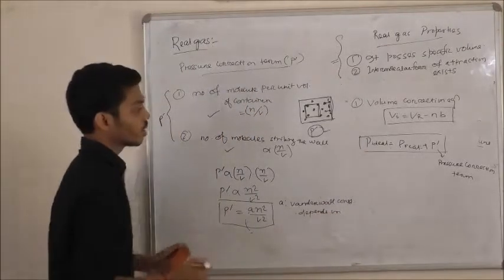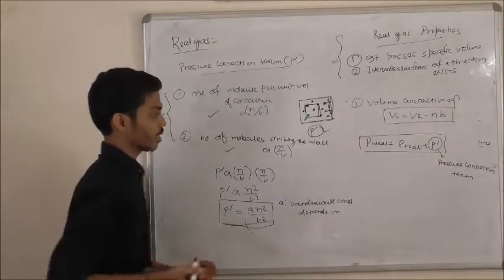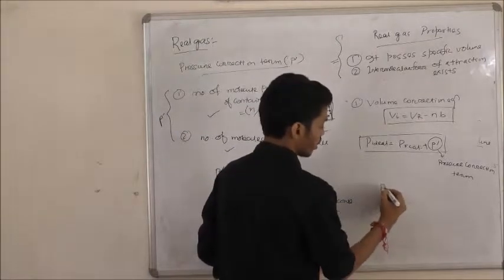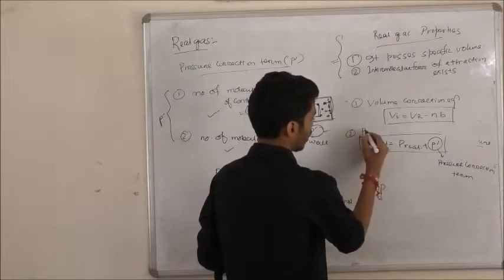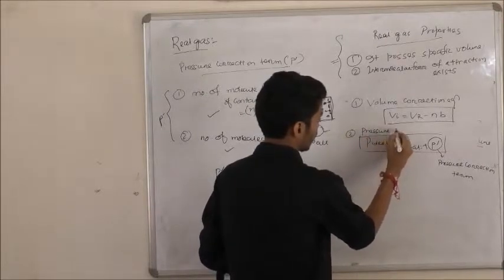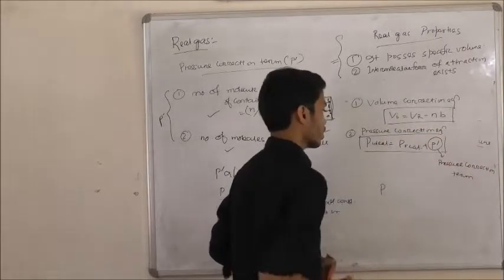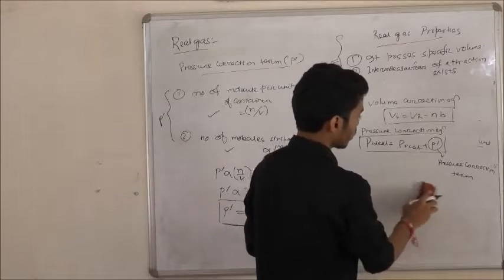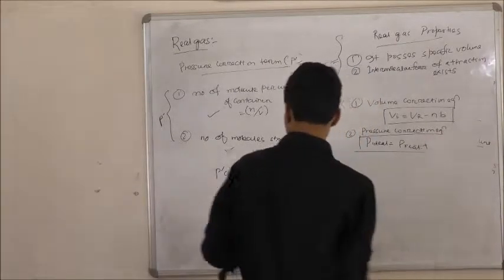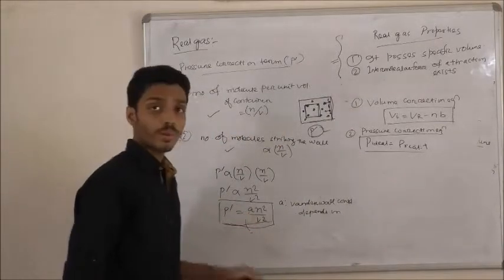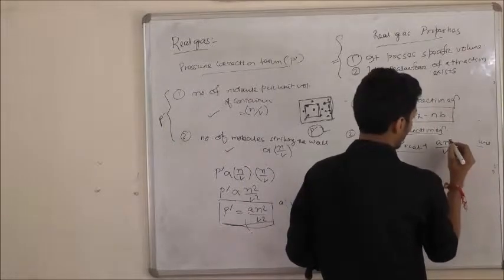Now in this we can substitute for P dash. The final pressure correction equation will be simply to substitute P dash with A N square by V square.